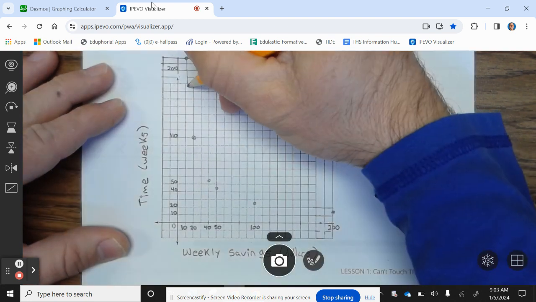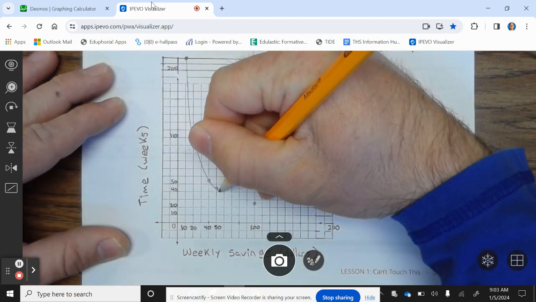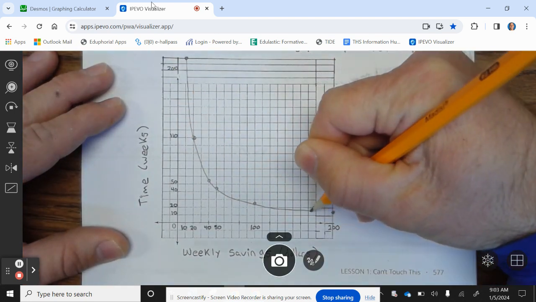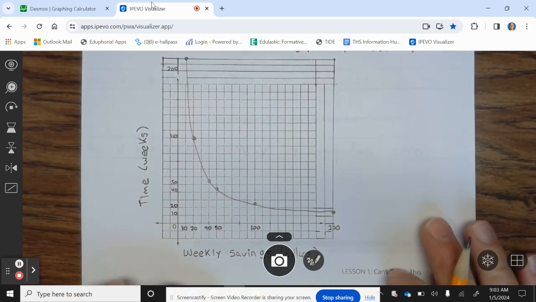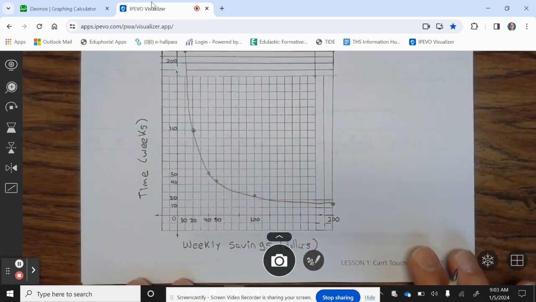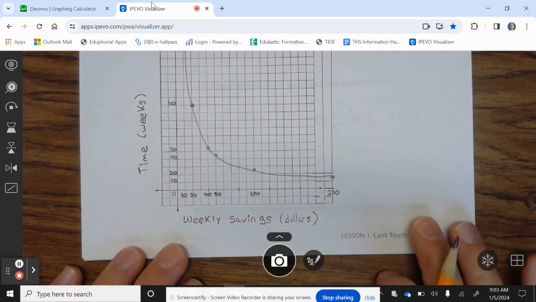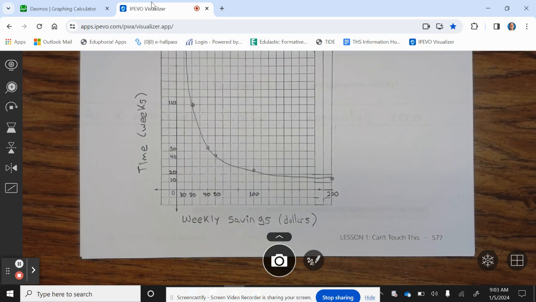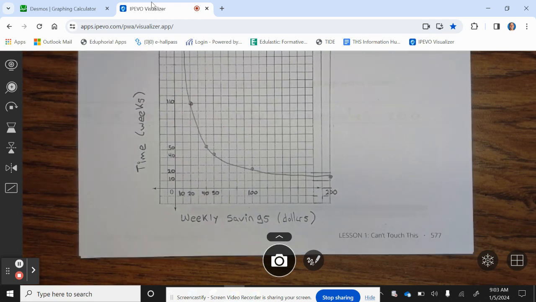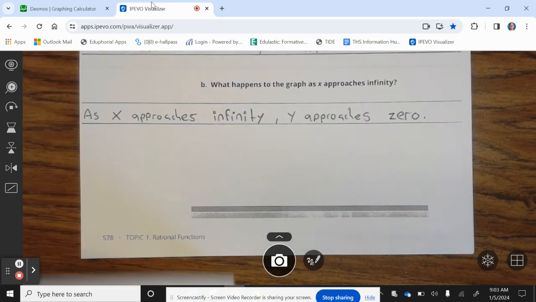Let's go and connect the points to form our curve. All right, go ahead and finish up your graph. All right, let's take a look at the next page.